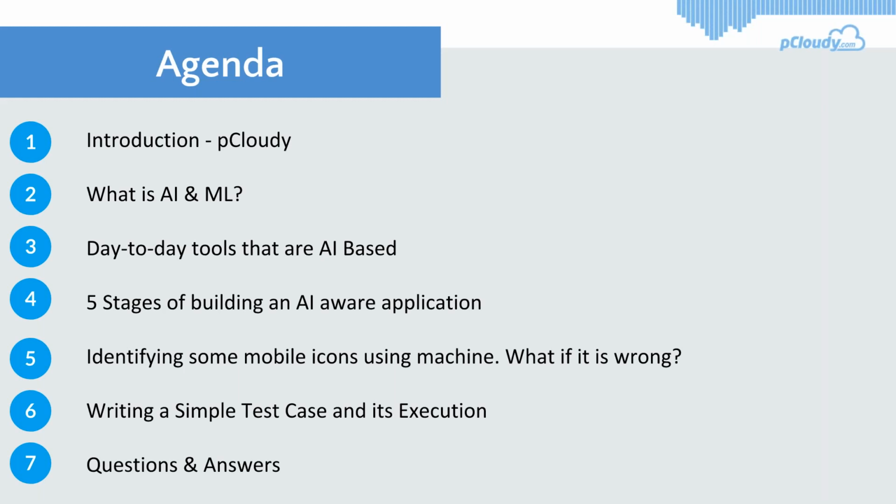Then we'll see what are the 5 stages of building an AI aware application. Then we'll try to identify some of the mobile icons using the machines and see what if the machine is wrong. Then we'll try to write a simple test case like a manual tester and its execution.